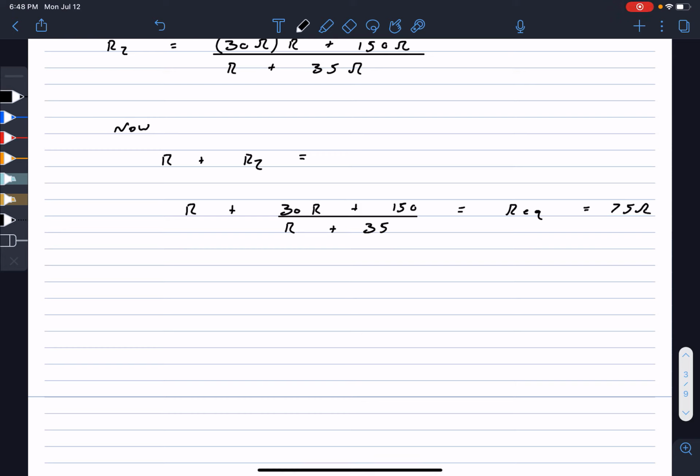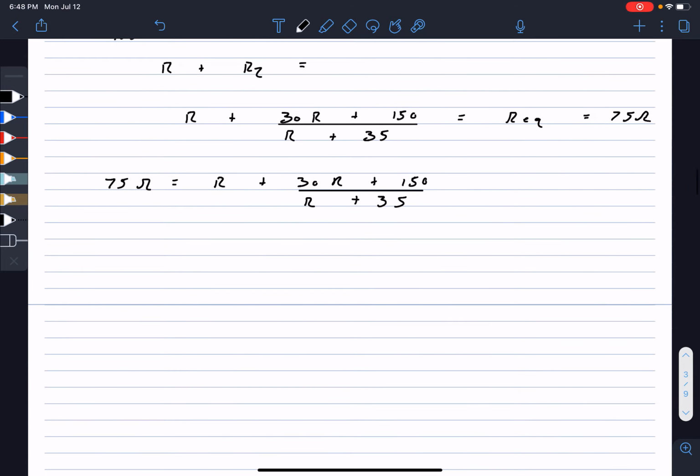So what we want to do is simplify a little bit. Well, we can just jump to that step. So 30R plus 150 over R plus 35. We want to find the value of R. Remember, we were told this in the beginning of the problem, in the book, number 13.